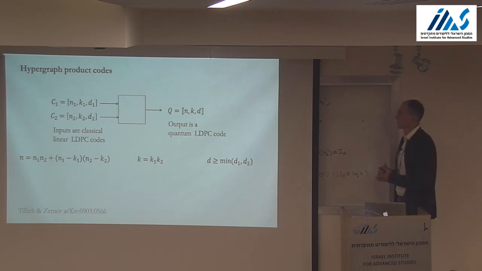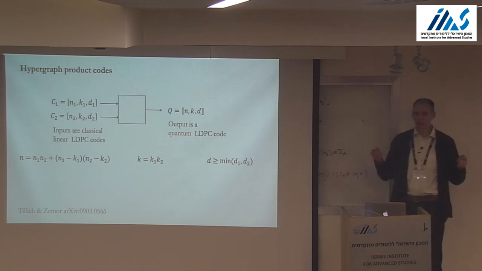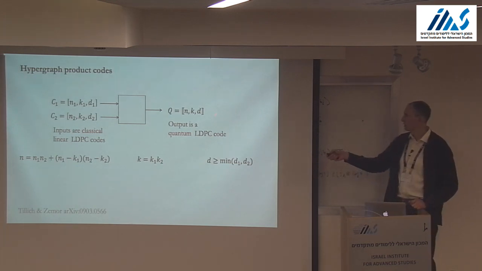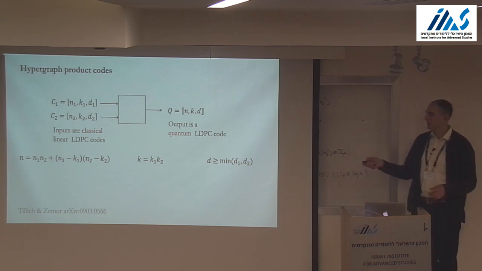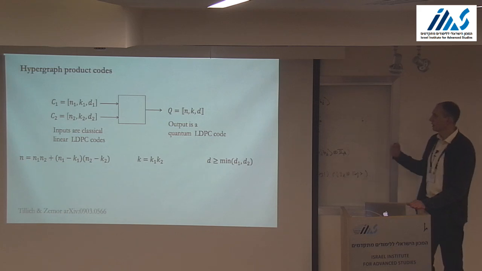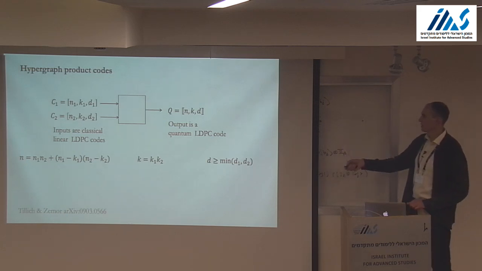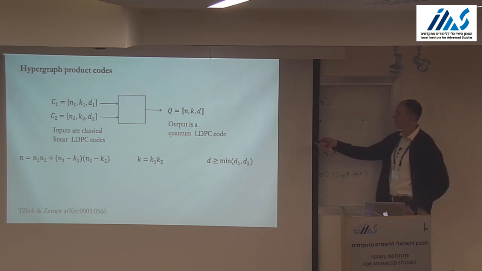So this hypergraph product is a general construction, and it basically takes as input a pair of classical linear codes, and it outputs a quantum code. And if the input classical codes are LDPC, the output quantum code is also LDPC. And there is a very nice simple relationship between parameters of output and input codes.